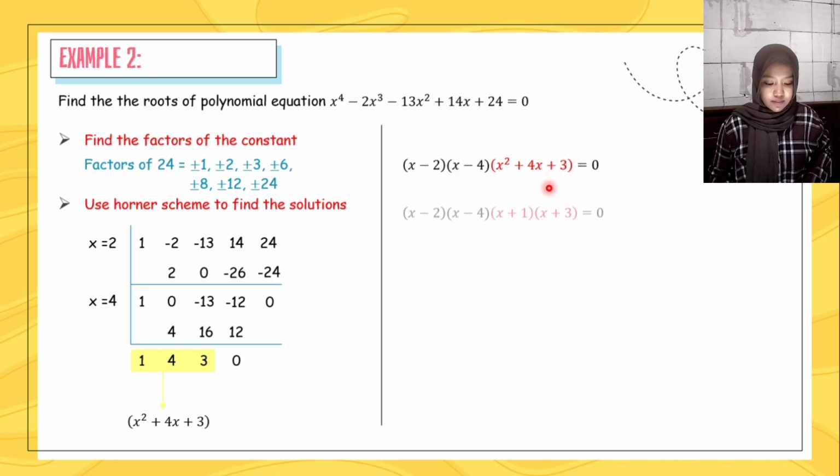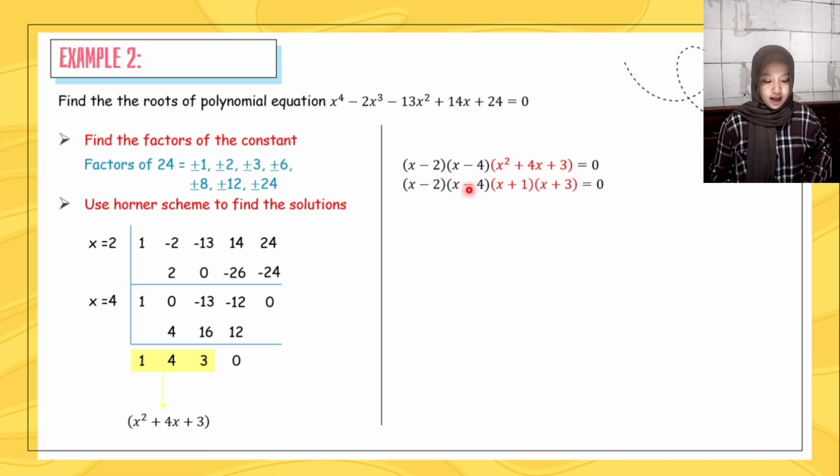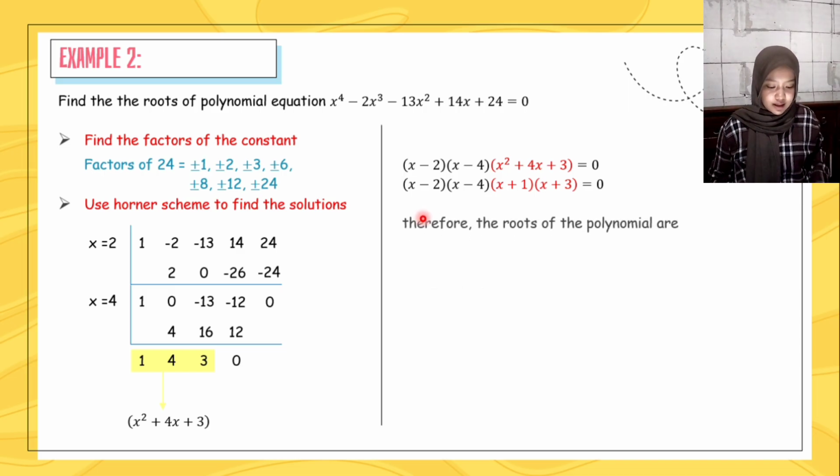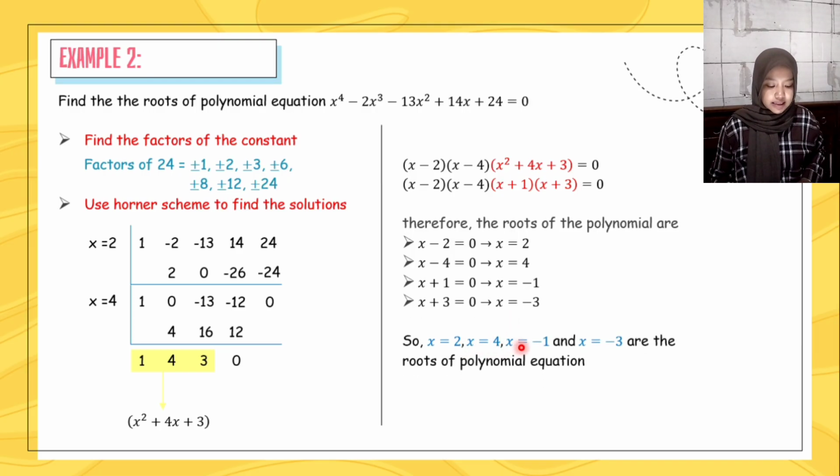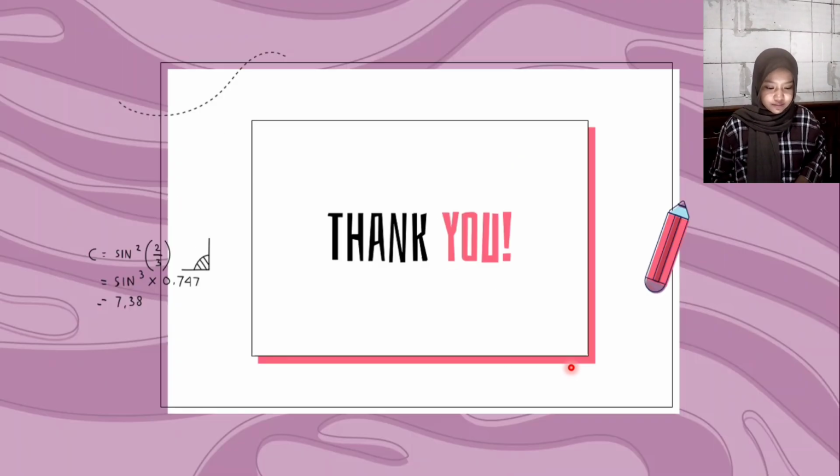So we get x minus 2, x minus 4, x plus 1, x plus 3. Therefore, the roots of the polynomial are x equal 2, x equal 4, x equal minus 1, and x equal minus 3. So, x equal 2, x equal 4, x equal minus 1, and x equal minus 3 are the roots of the given polynomial equation.